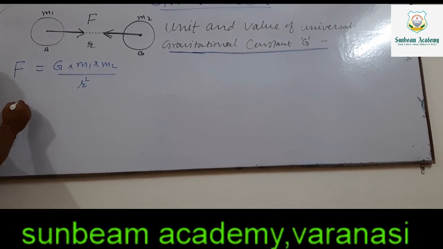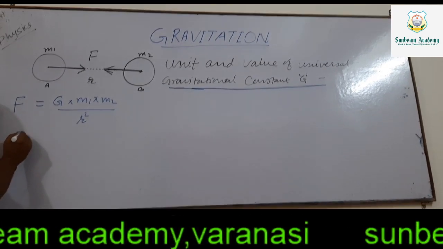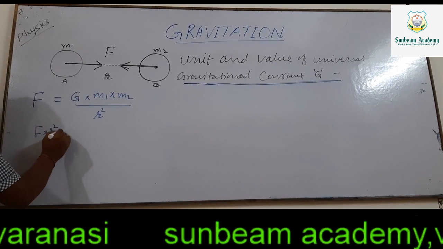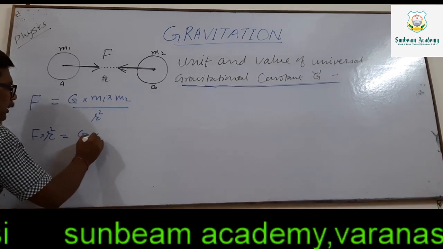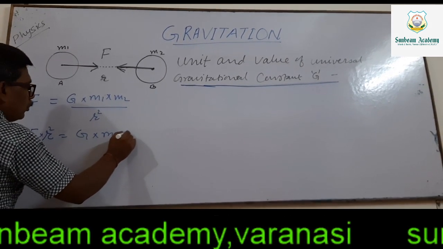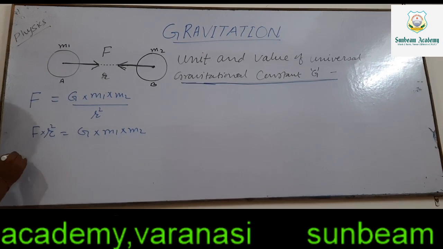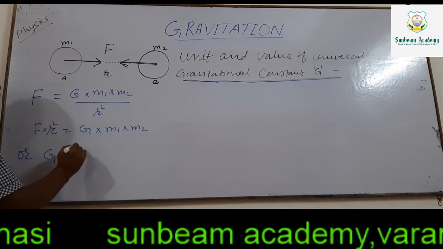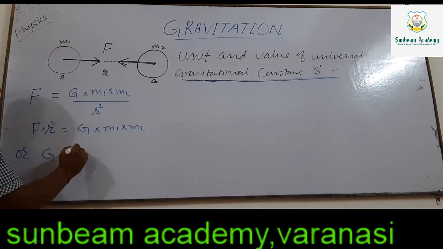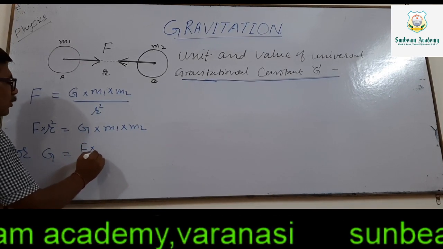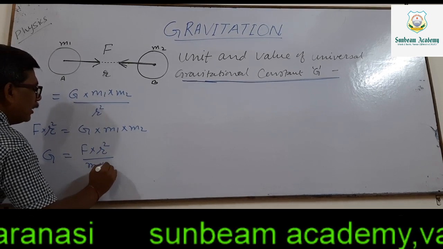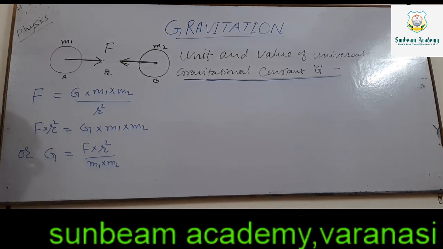Now by cross multiplication you can write F into r square is equal to G into m1 into m2, or you can write G is equal to F into r square upon m1 into m2.